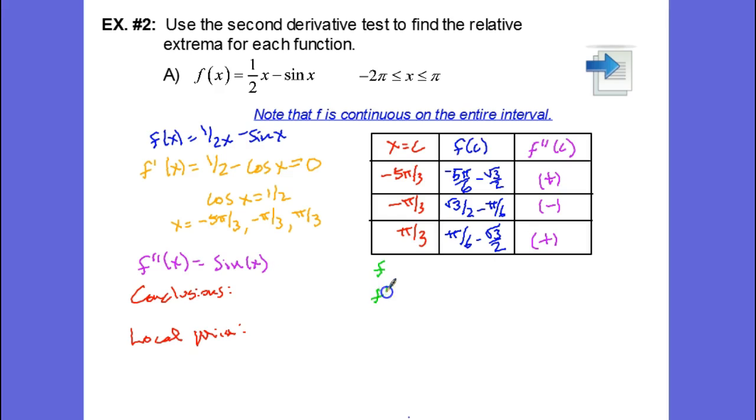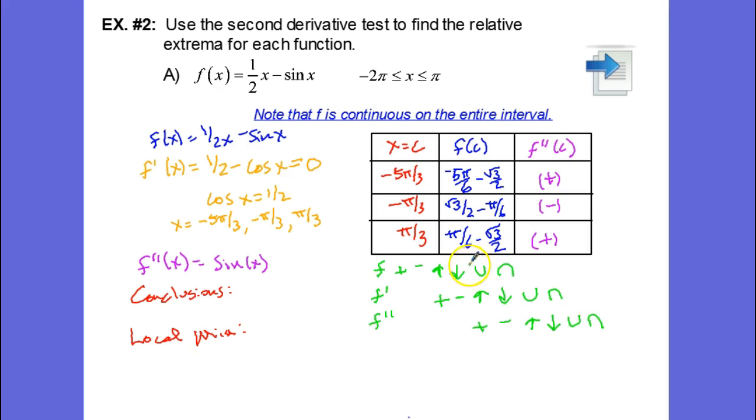F prime, f double prime: plus, minus, up, down, concave up, concave down.